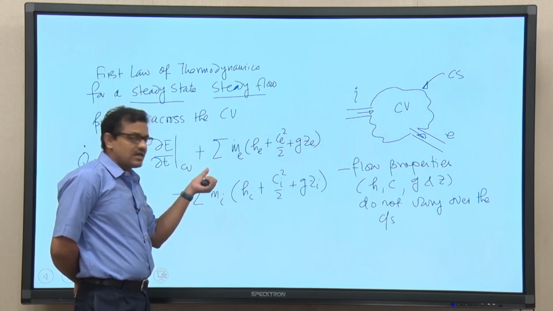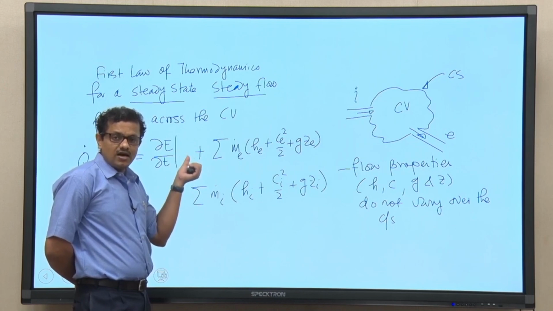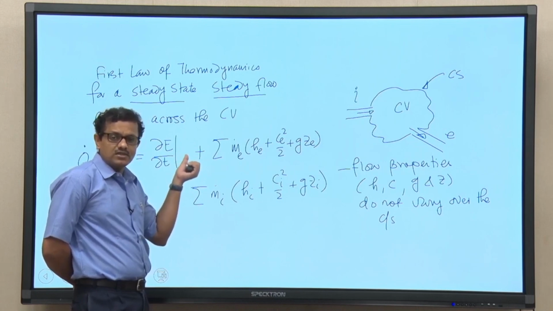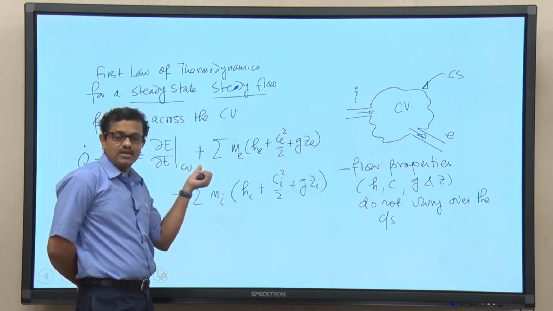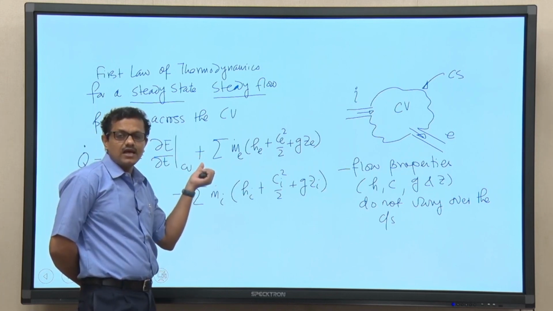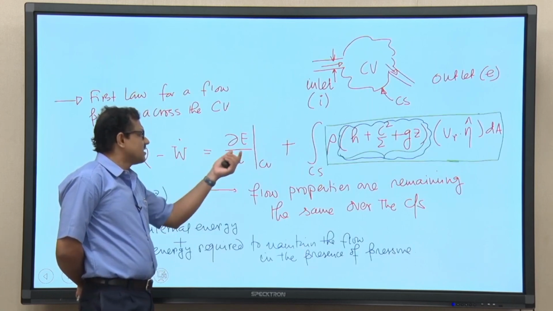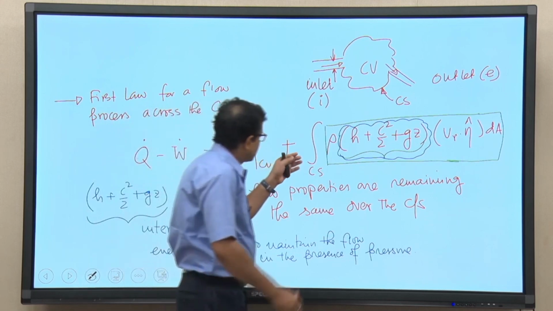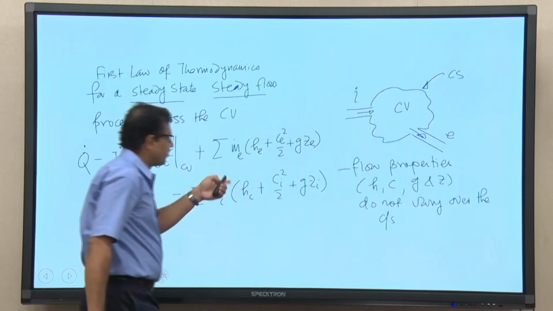So, basically this is the first law of thermodynamics. Till now we did not say anything about the process being steady state or steady flow, but this is the first law of thermodynamics for any process across the control volume, and we have written another form of this equation over here.